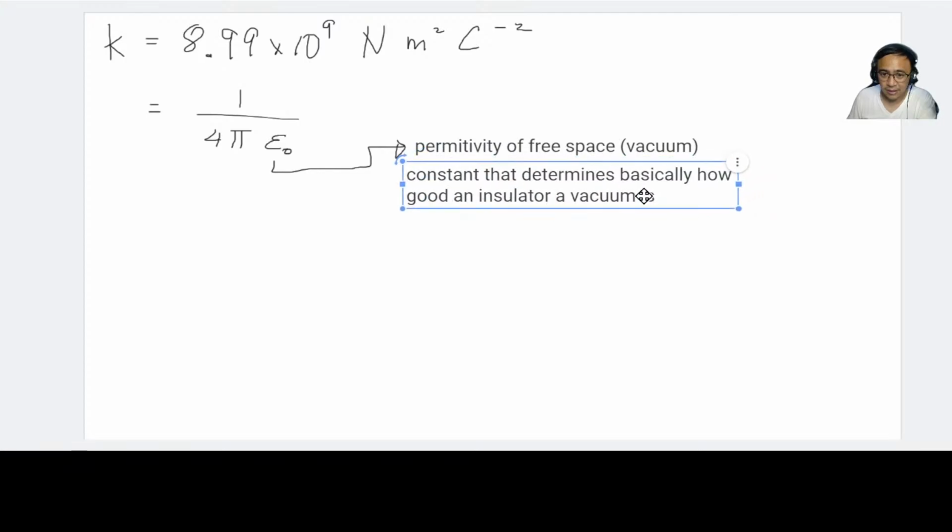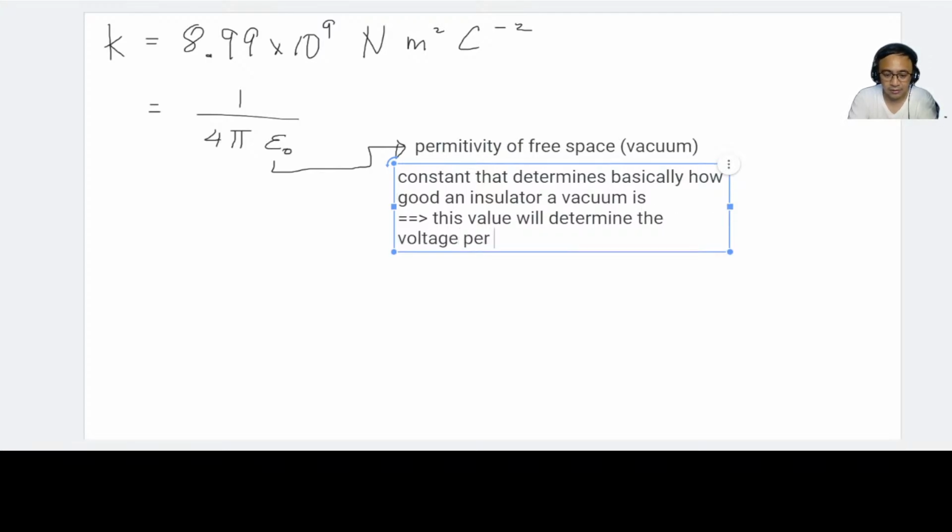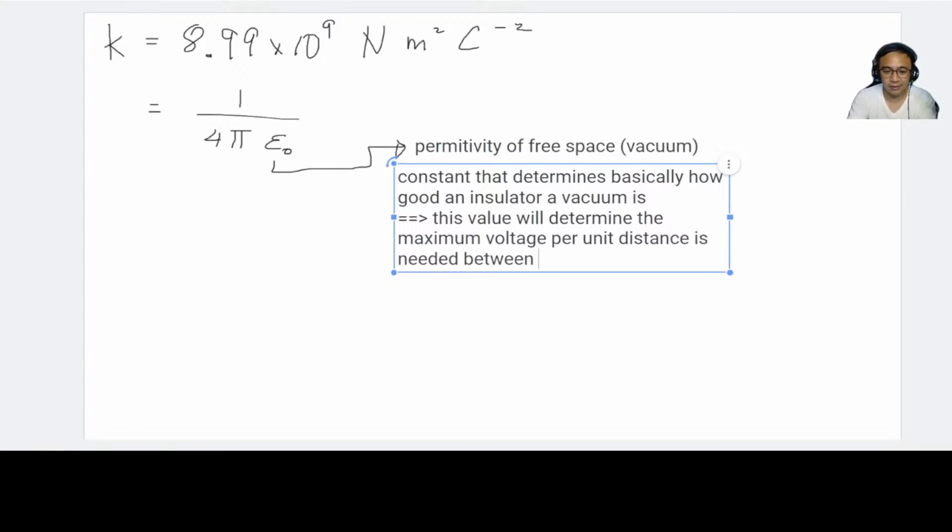Basically, beyond a limit, this value will determine how many volts per unit distance, the voltage per unit distance, the minimum or the maximum voltage per unit distance is needed between charged objects, not particles in this case, but charged objects, before a spark is released.